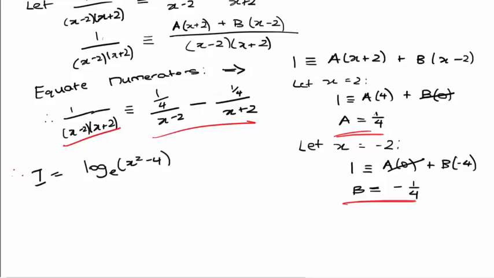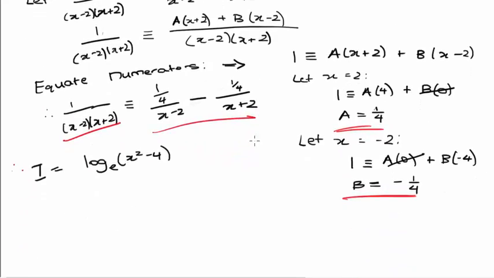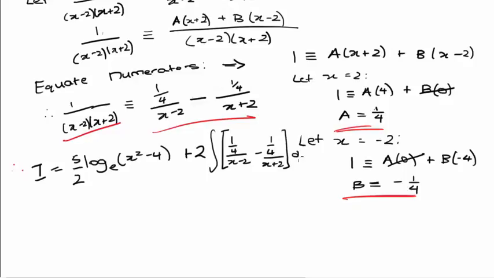Was there a 5 on there? No, it was 5 on 2. So that natural log is multiplied by 5 on 2. And that's going to be added to 2 times the integral of, in this case, the combined quantity a quarter on x minus 2 minus a quarter on x plus 2. And this quantity is being integrated with respect to x, right?